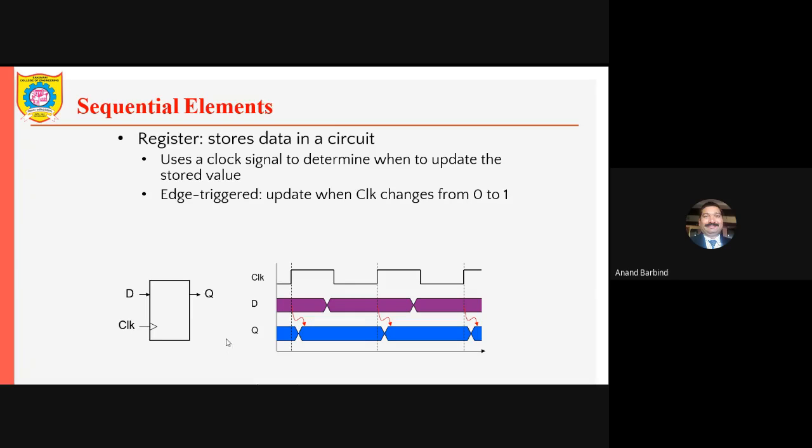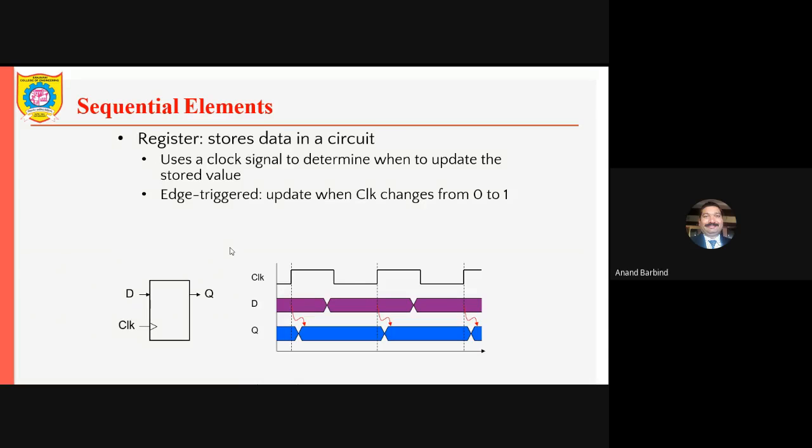You can see here that this particular diagram has been shown, and in this timing diagram, the operation of the D flip-flop is being shown, which is the edge triggered flip-flop. It is the positive edge triggered flip-flop. The symbol tells that.